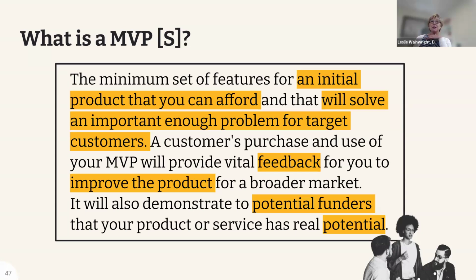It also demonstrates value to others that might ultimately want to invest in it and demonstrates that it has real potential. So when we get into solution development and you go from idea to prototype to minimally viable product or service, the value, delight, something instrumental needs to happen with that end user, even with that MVP. Next slide.